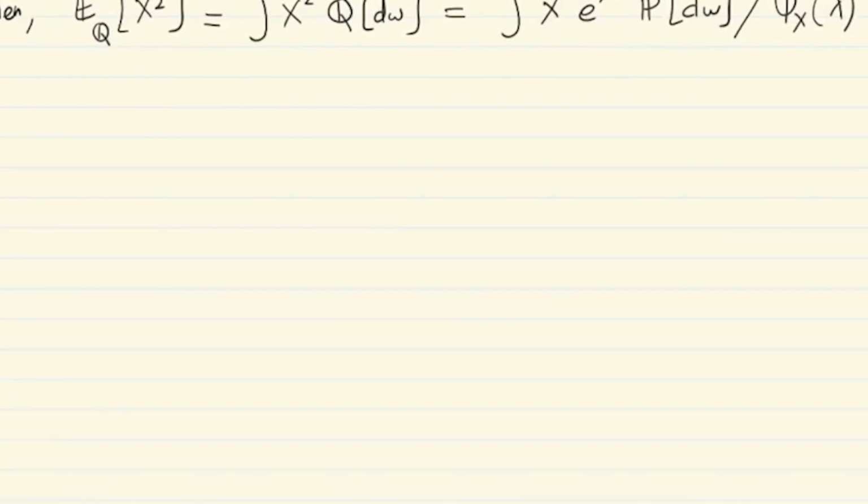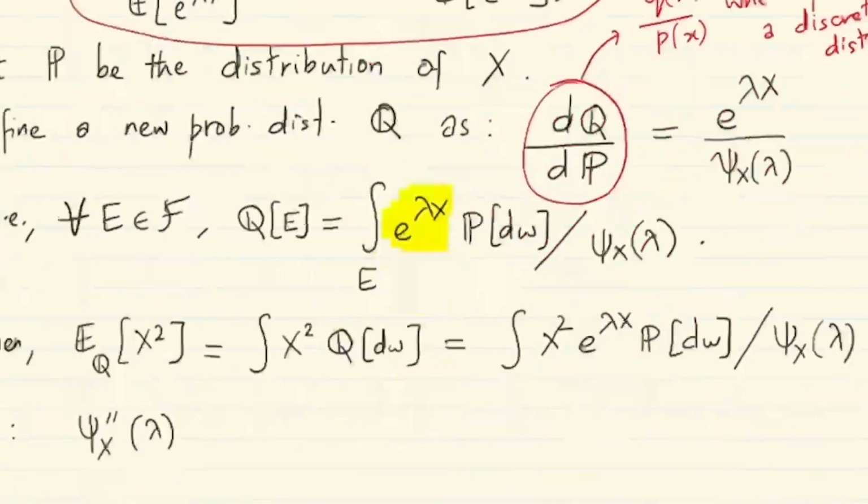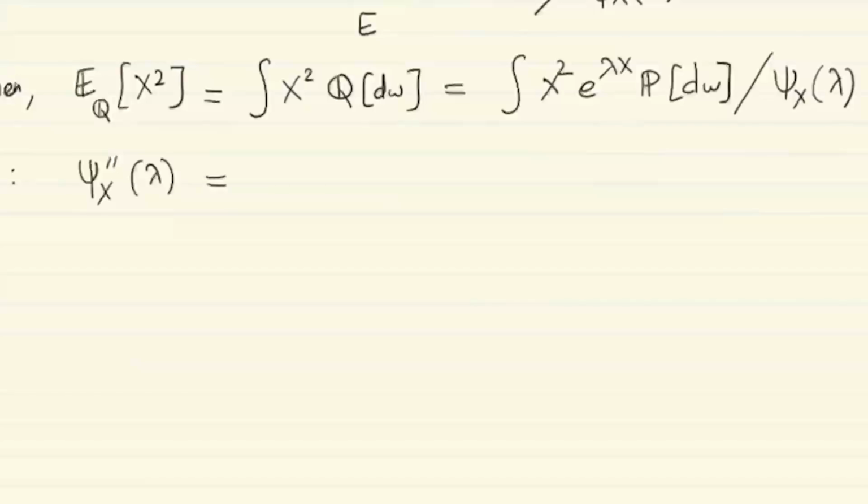And so you'll easily see that c_X double prime of lambda, which we were computing earlier, which is this quantity here, can in fact just be written as follows.